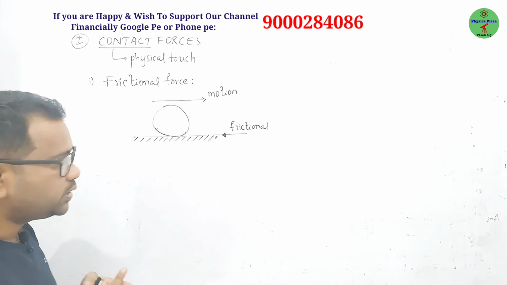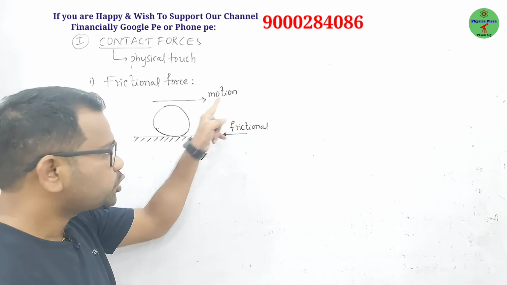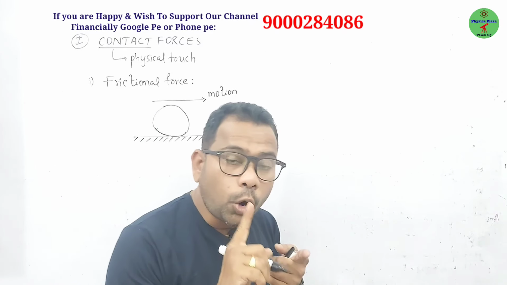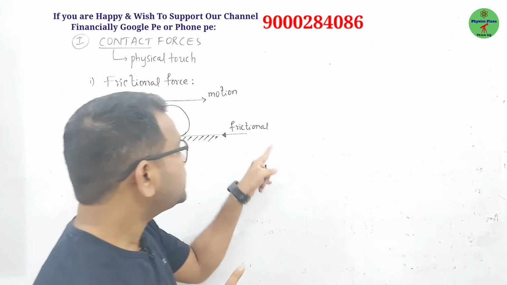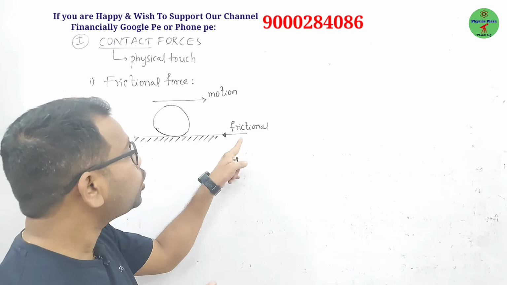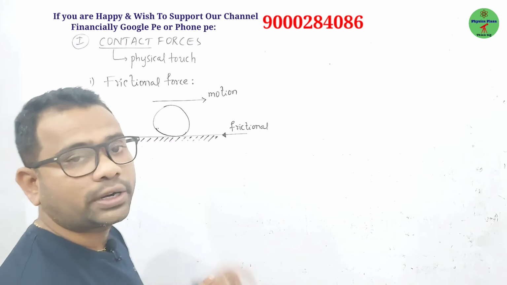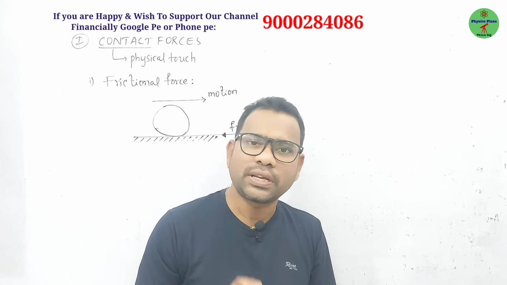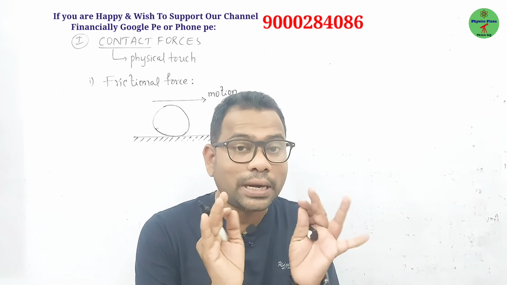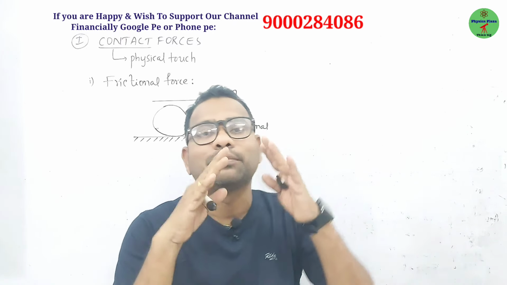So frictional force always opposes the motion, and it is along the surfaces in contact. This much is enough. Clear? The condition is that there must be some relative motion.